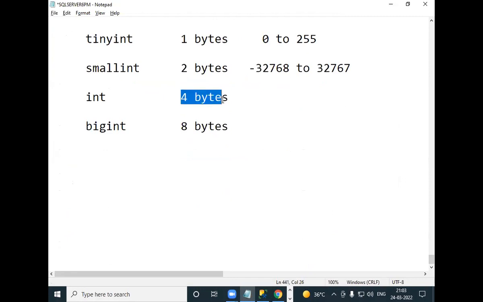So 8 into 4 is 32 bits. 4 bytes contains 32 bits.